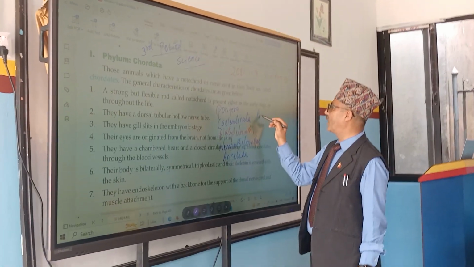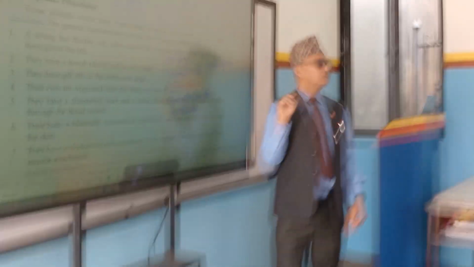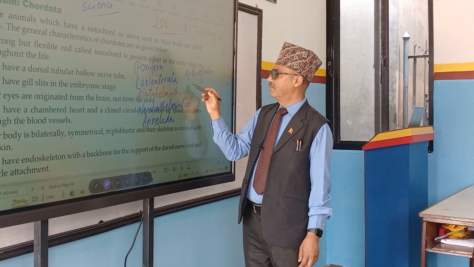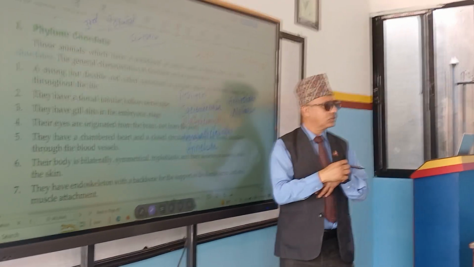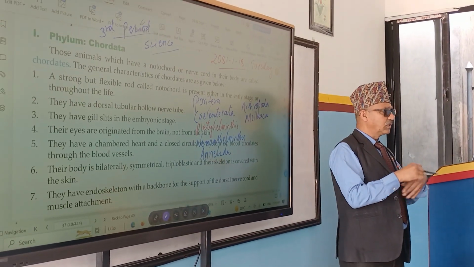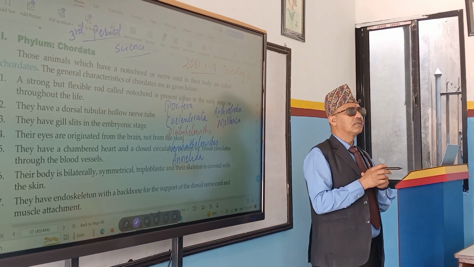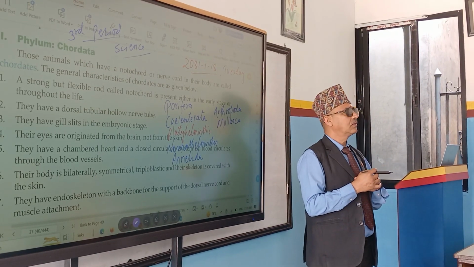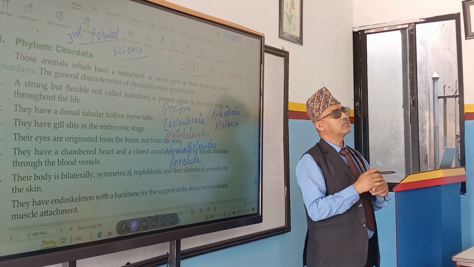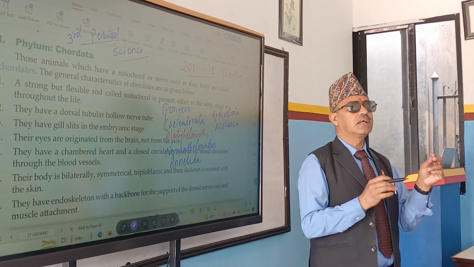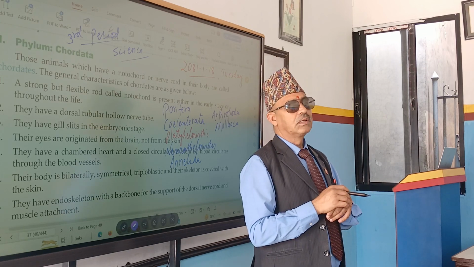Then Arthropoda. What are Arthropoda? Then Mollusca. Their body is very soft, but in some organisms there is a hard outer shell, like in snail, unio, etc. But in slug and octopus, there is none.